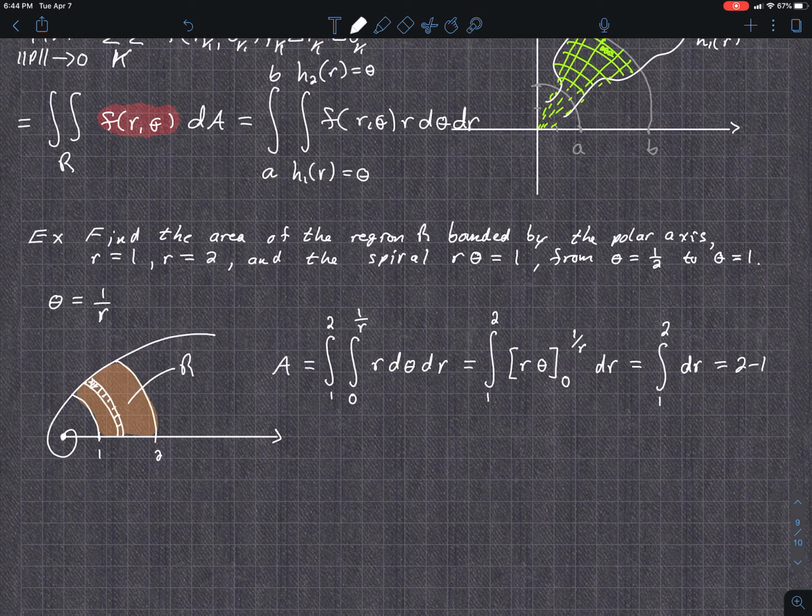So it's just the integral from 1 to 2 of dr, which is just 2 minus 1, which is 1. So the area of that is 1, which I kind of find strange, actually, that that area is 1, even though that's an arc. Anyway, all right, so that's theta as a function of r.